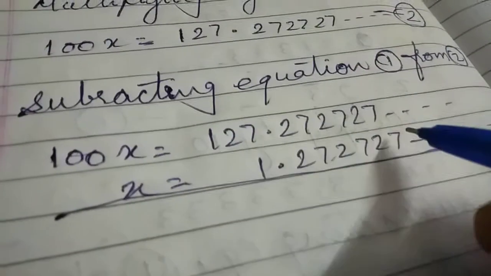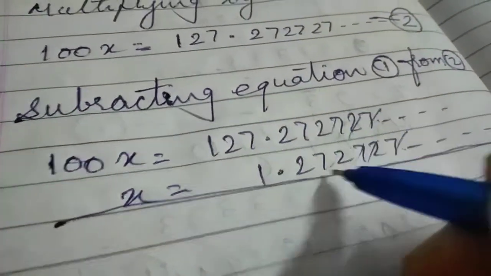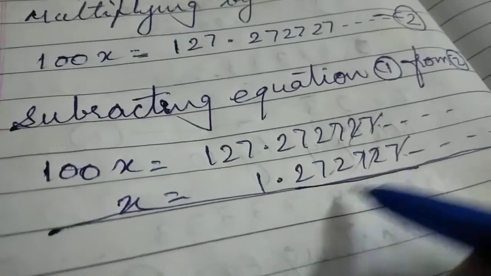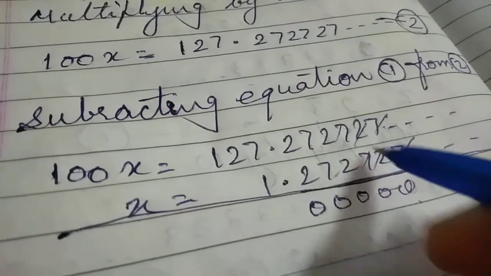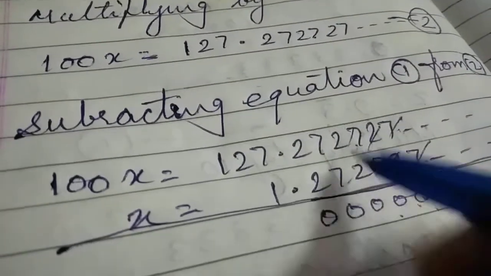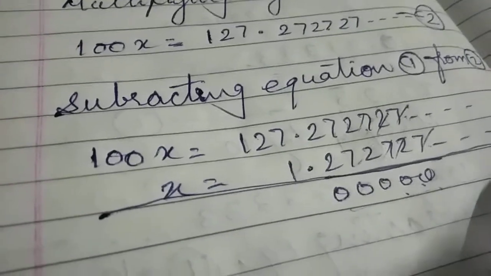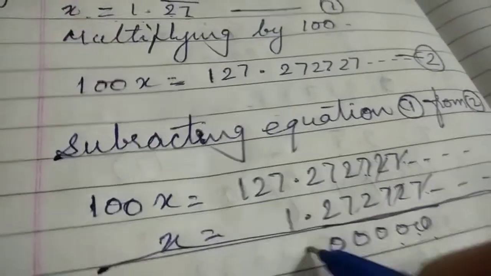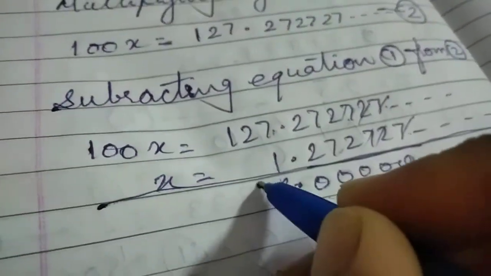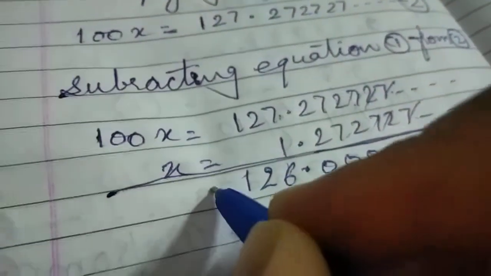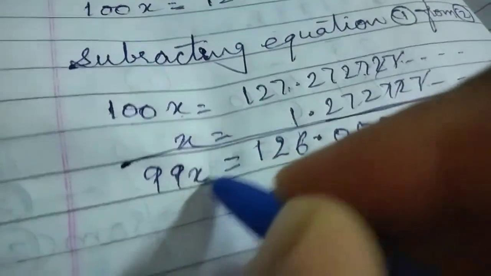Now after the decimal, 7 is cancelled by 7, 2 by 2, and the whole thing after the decimal will become 0. And here 7 minus 1 is 6, the 2 comes as it is, and the 1 comes here, equal to 100x minus x, 99x.